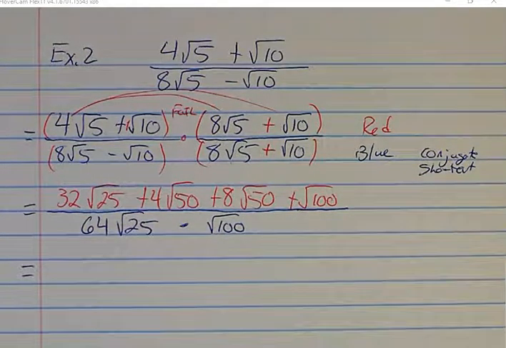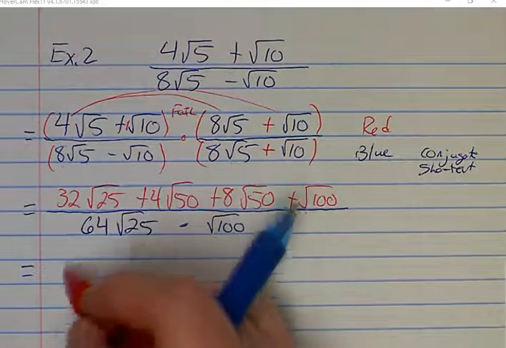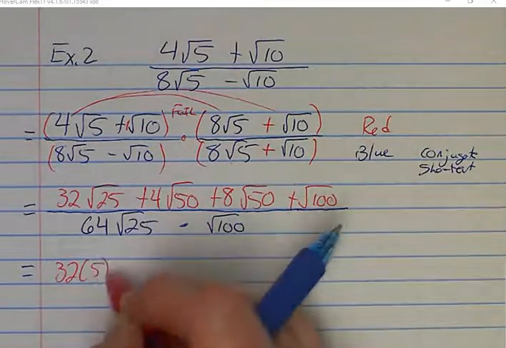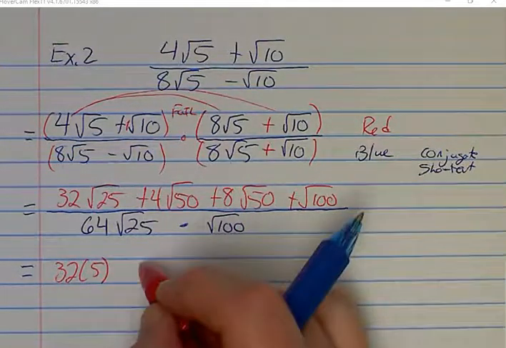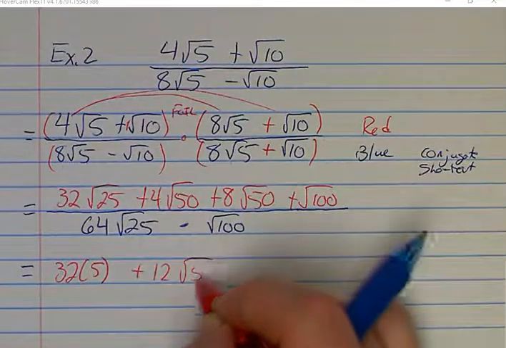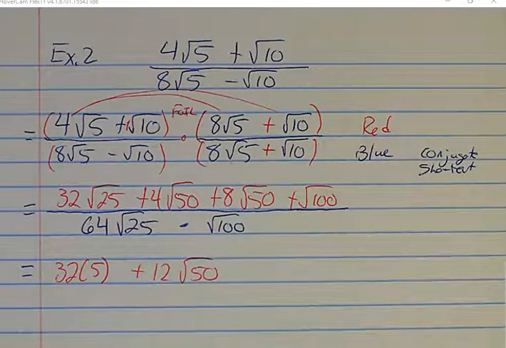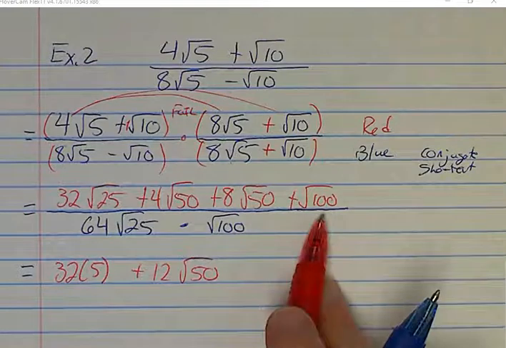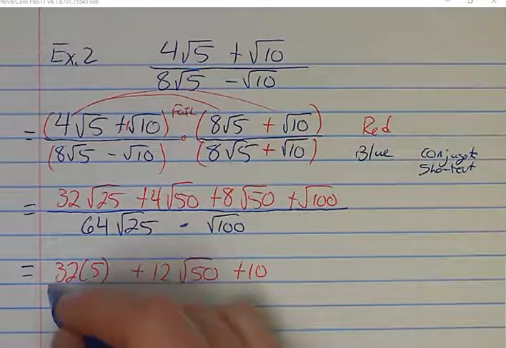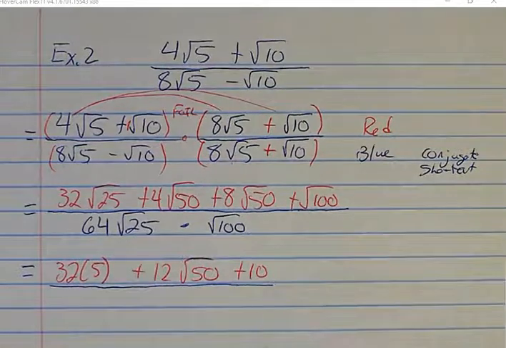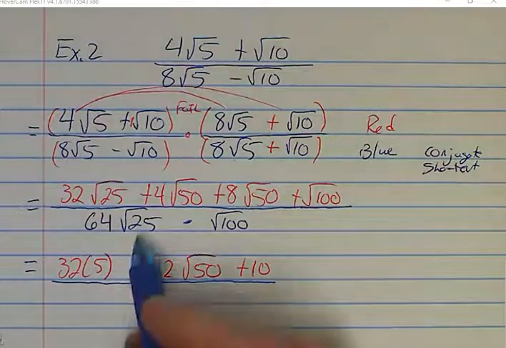So on top, you've got a bunch of stuff to clean up here. Square root of 25, well, that's 5. You've got 4 square root of 50 plus 8 square root of 50. You can add those two terms together and make it 12 square root of 50. And at the end, you've got square root of 100, which is just a plain 10. On the bottom, square root of 25 is 5.